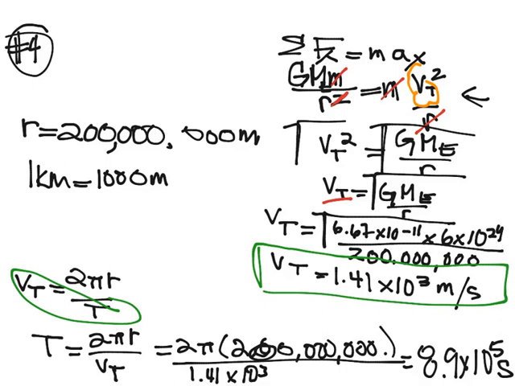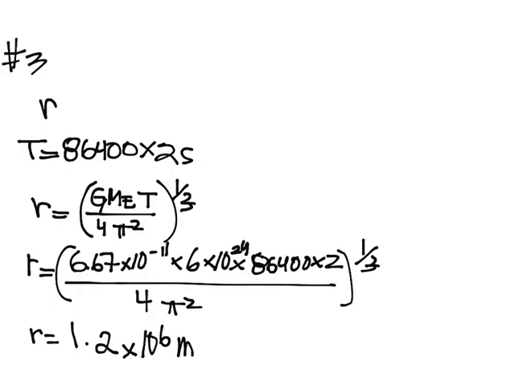Otherwise, it will get very messy very quickly. So here we solved for vt first. Here we solved for T first. In the previous problem, we solved for the radius in terms of variables.